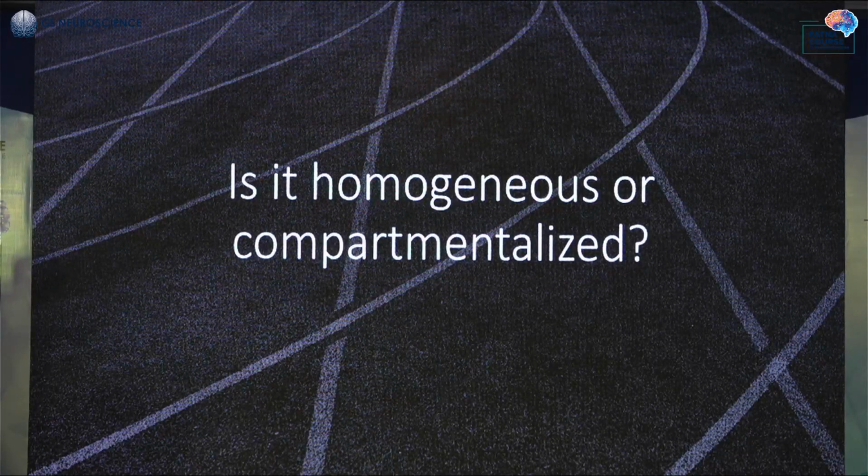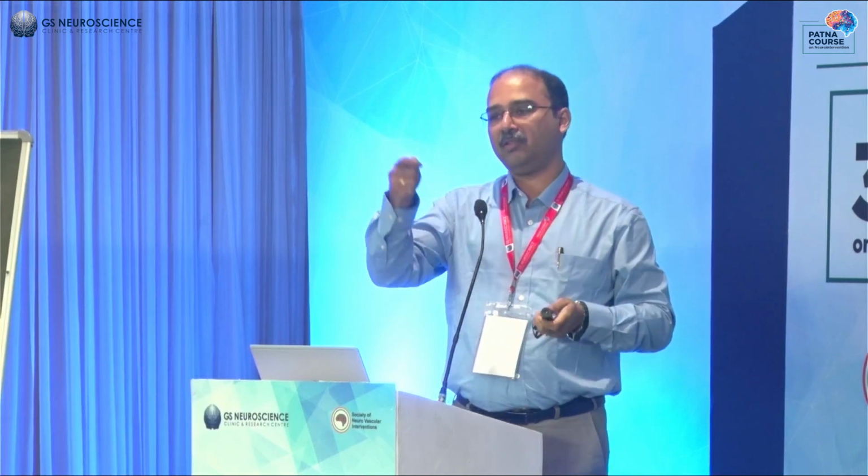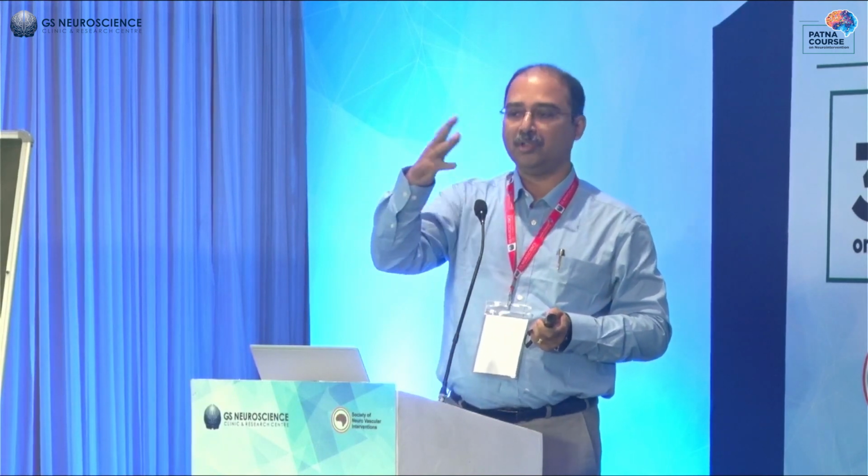The next question is, is it a homogeneous thing or does it have multiple compartments? Because the Onyx flows like lava, if you have intercompartmental connections, there is a chance that it might start flowing into the other compartment. Whereas if you have two anatomically localized compartments with individualized veins, there is less chance that Onyx will percolate from one compartment to the other.